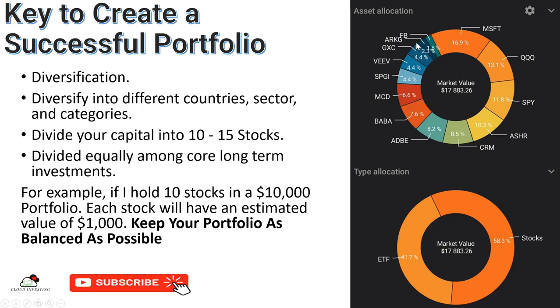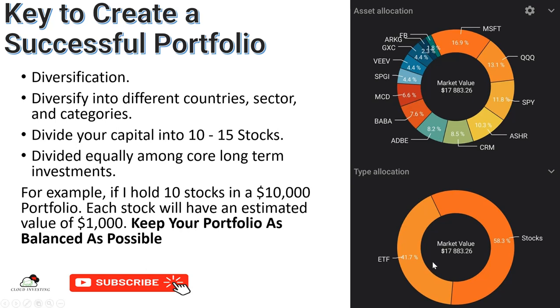Then Facebook, the ARK ETF, and the GSC, which is another China ETF, are smaller. So from there, I know that I have to increase my allocation into Facebook. The way I can do it is maybe sell some of the Microsoft and transfer the money into Facebook, or I can top up with fresh funds into my account and then buy more Facebook shares to balance it back.